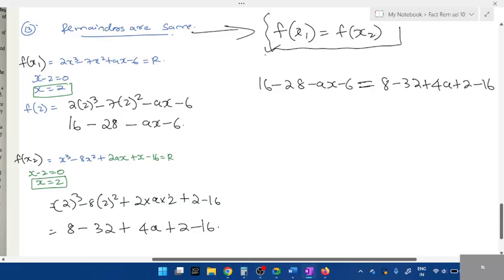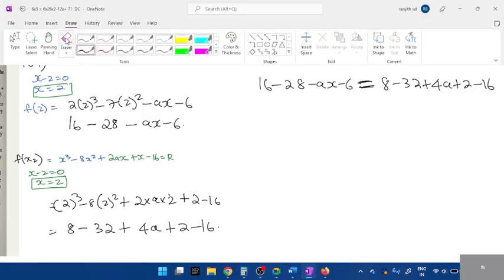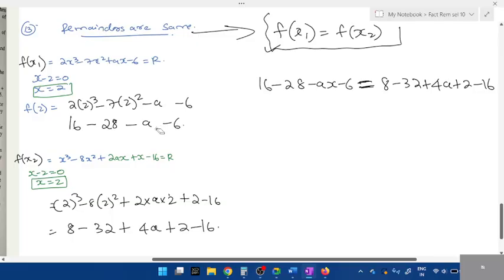If the remainders are the same, this is how we have to write. f of x1 and f of x2, both the equations should be equal. Solve this, add, subtract, find the value of... no, here I missed out a point. This a of x, what is the value? Yeah, it is 2a.